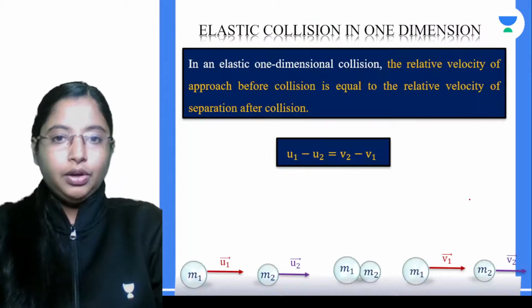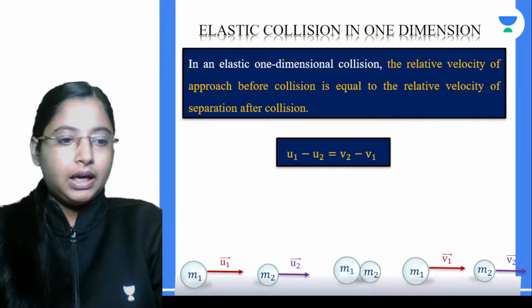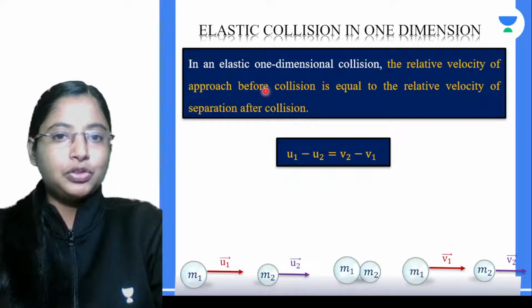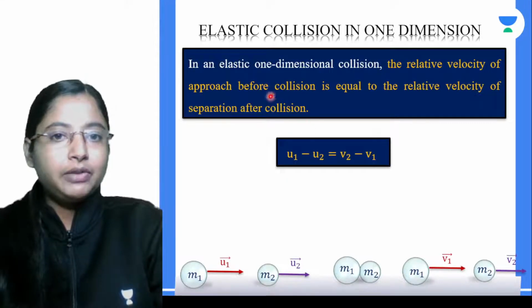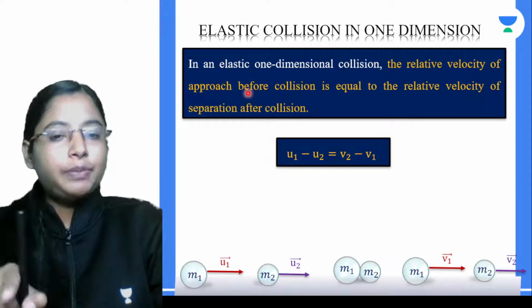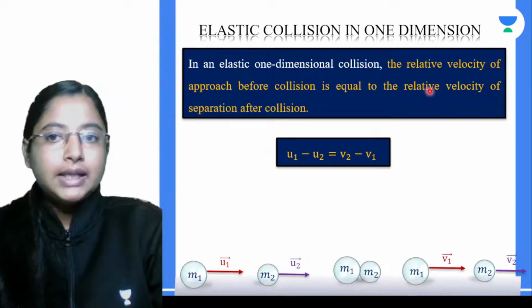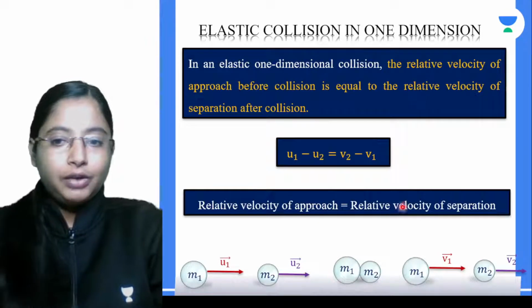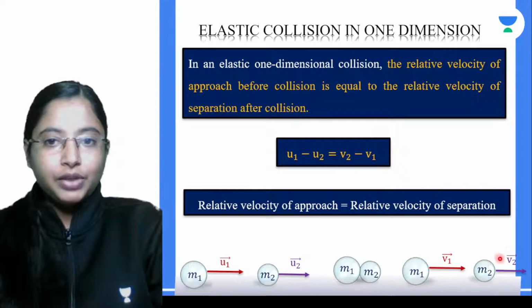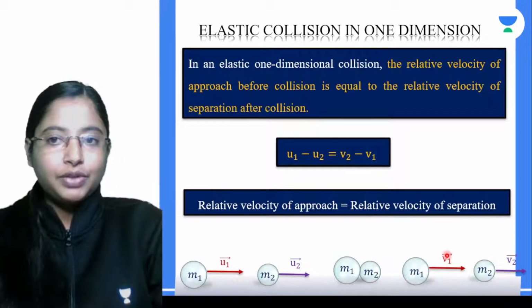So from here we can say that the relative velocity of approach, that is the relative velocity of A with respect to B before collision, is equal to the relative velocity of object B with respect to the first object, which is the relative velocity of separation.